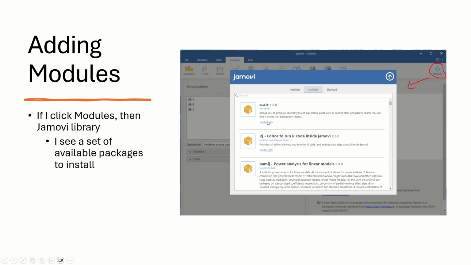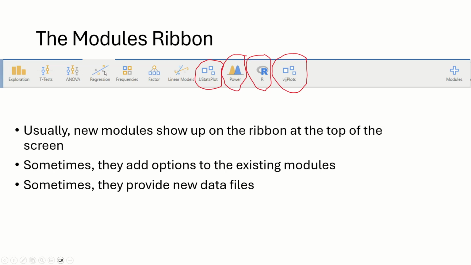But in the available packages, you can just click on any of these and you can install them. Once they're installed, they will show up usually as another option on this ribbon at the top of the screen. Sometimes you won't see that. It'll just add features to the existing objects. And some of the items are also just data files, so things that you can analyze.